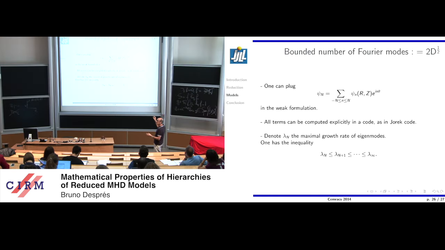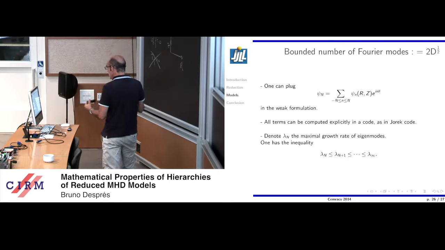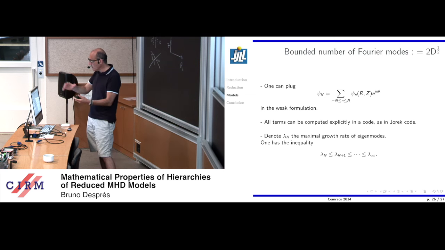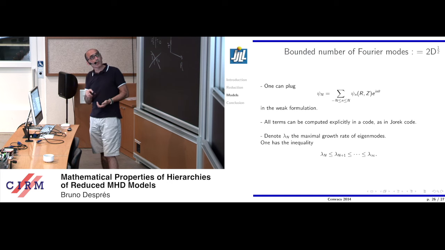For a certain set K that depends on N, I will get a lambda that will of course depend on N. But then I can enlarge the set K, and it is immediate that with larger N, I will eventually get a larger lambda, N, N plus 1, and so on. So this explains how the dynamics is reduced or can be enlarged. It is kind of a theoretical justification of all this.